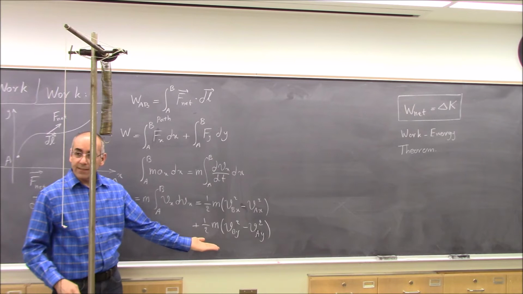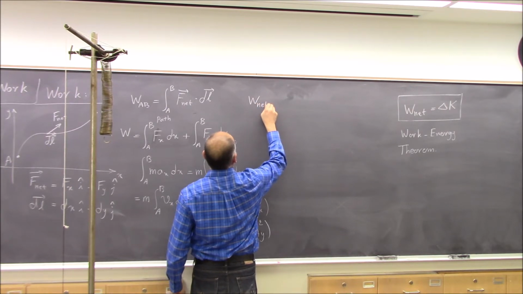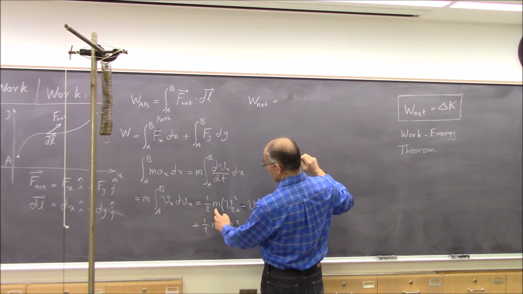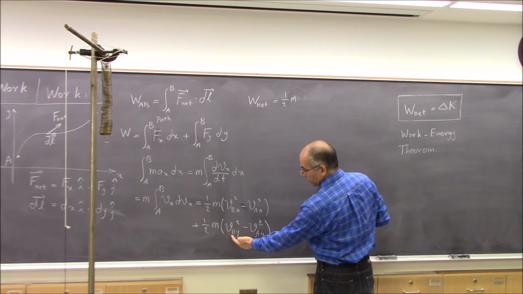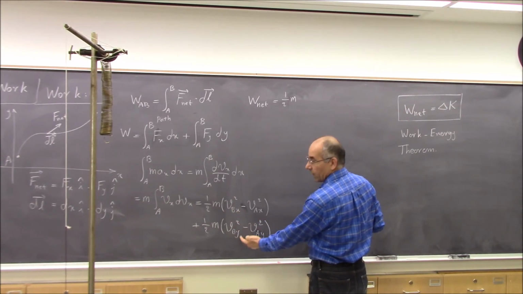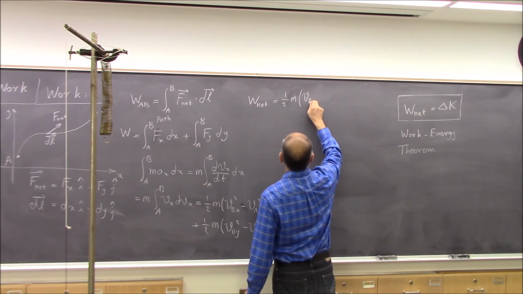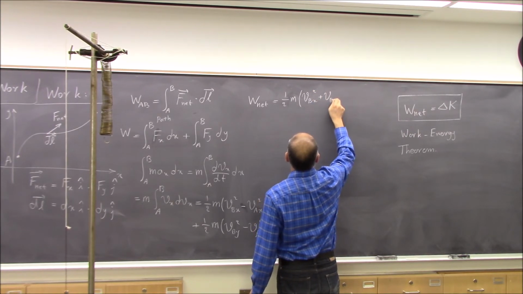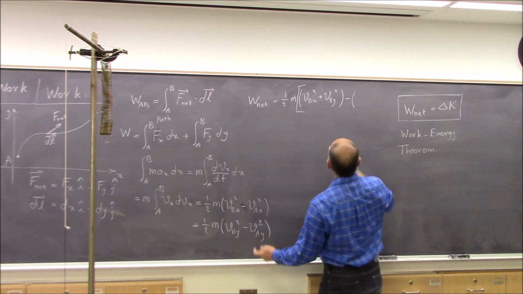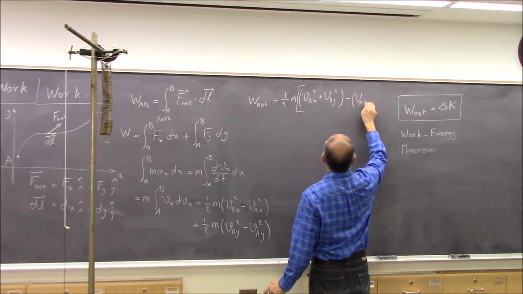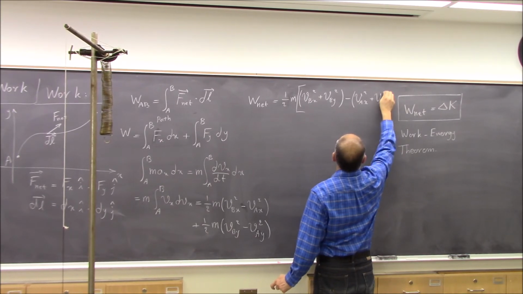And now if you add them together, what do you get? The total W net from A to B will be 1/2 m times vbx squared plus vby squared, minus vax squared plus vay squared.